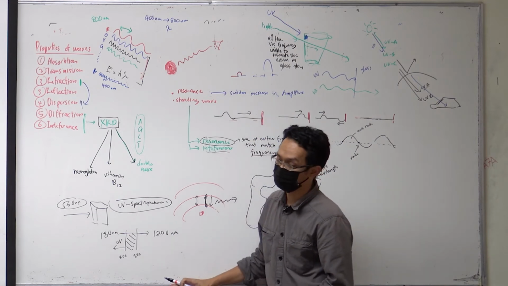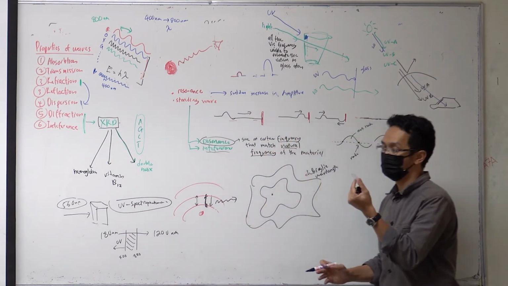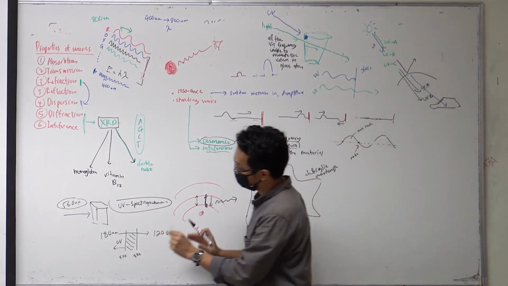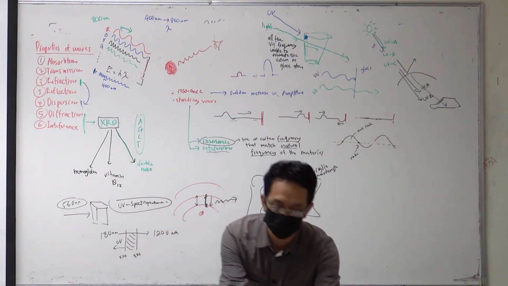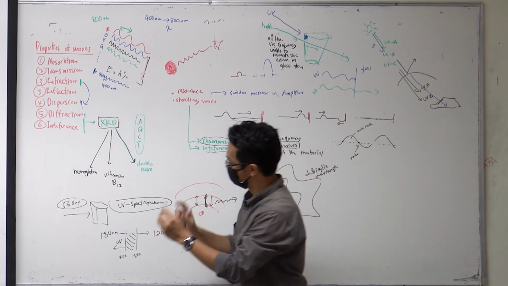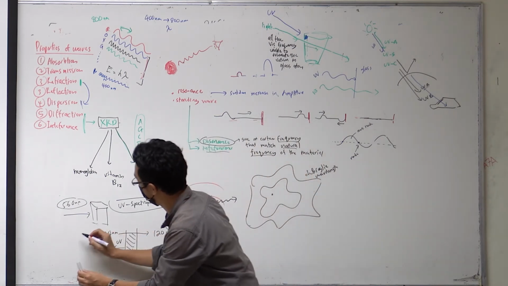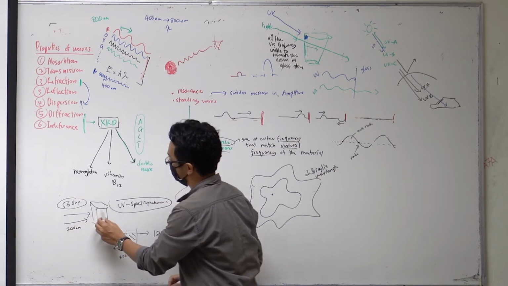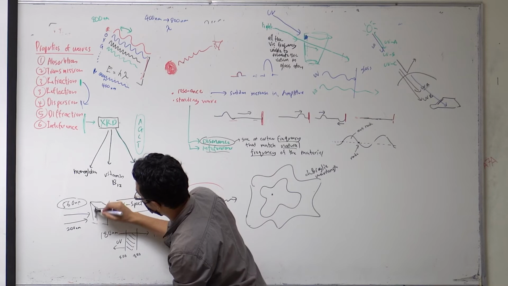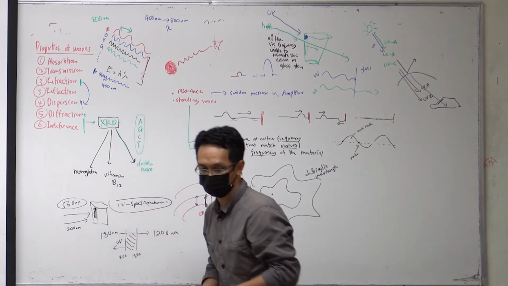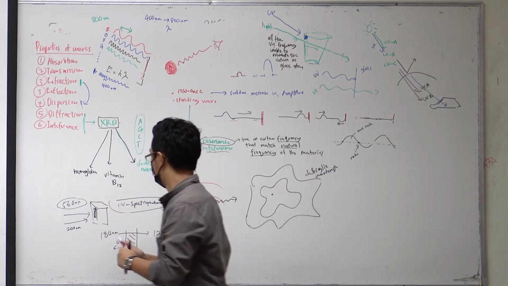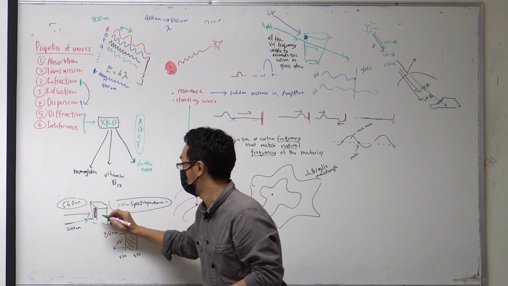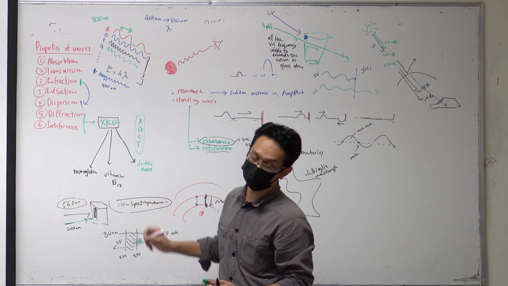As I said before, plastic can absorb the UV region. By right, if you use normal plastic here and try to shine, for example, 200 nanometer, this plastic will absorb that frequency and it cannot pass through.